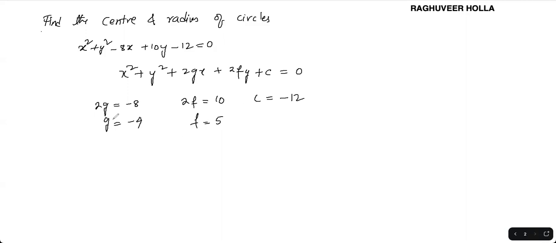So if you look at this, the center of the circle is the negative of g and f, so this is minus of minus 4 and minus 5, that is 4 and minus 5.